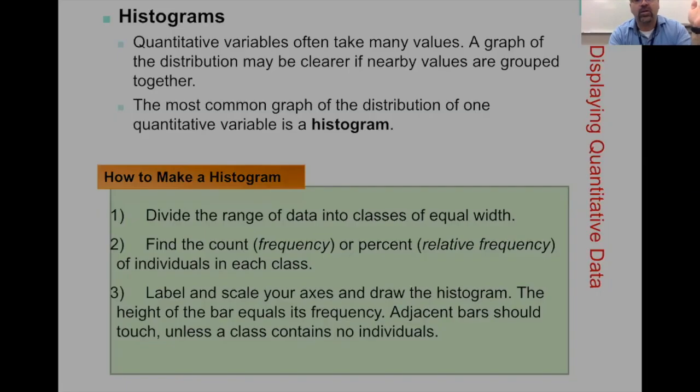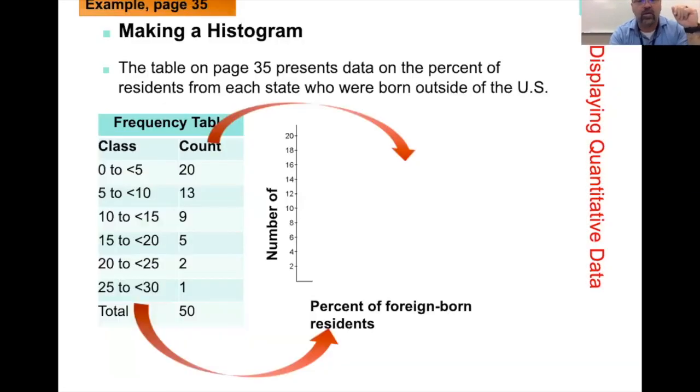So let's take a look at a data set and how we might create a histogram. If you have your book handy, on page 35, it shows the percentage of foreign-born residents in each of the 50 states. So what percentage of the people who live in that state were born in another country? What they did was break it up into classes that are 5% wide.